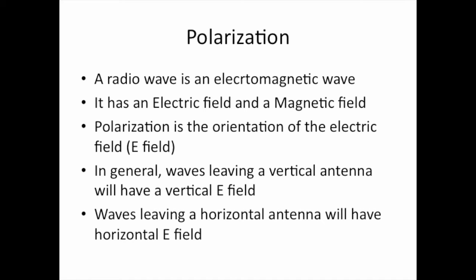Once the wave has traveled very far, the polarization, the E field, is going to start to move. Once it's reflected from the ionosphere, it's even worse. It can come down with what we call elliptical polarization. I guess it could come down with circular polarization, but most likely it's going to be more random.